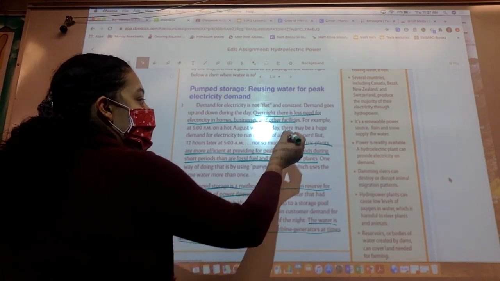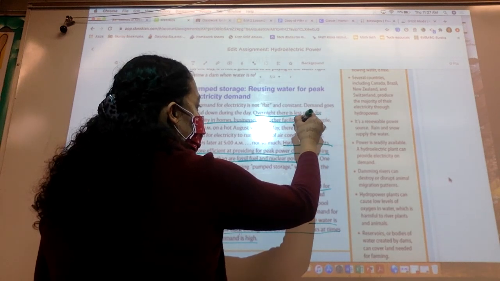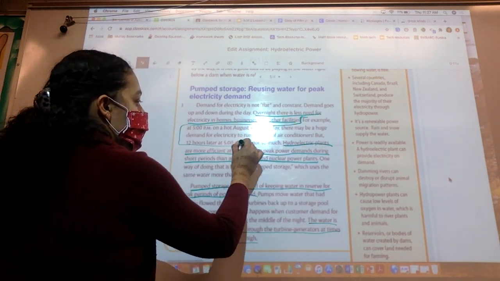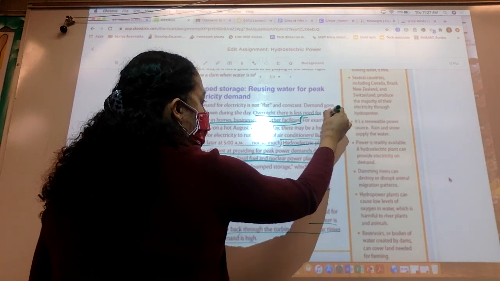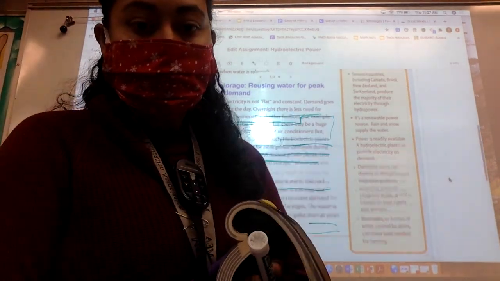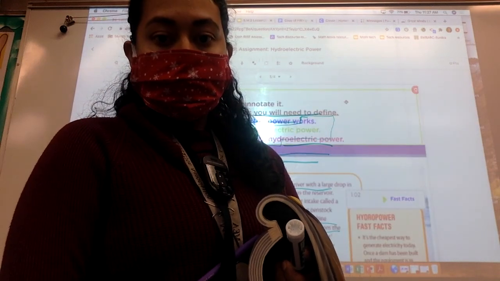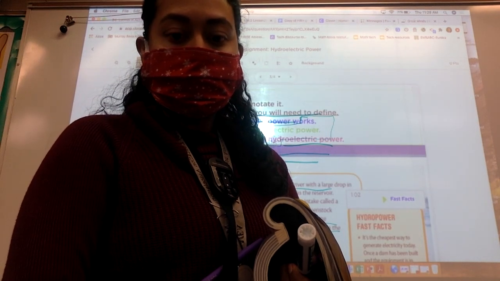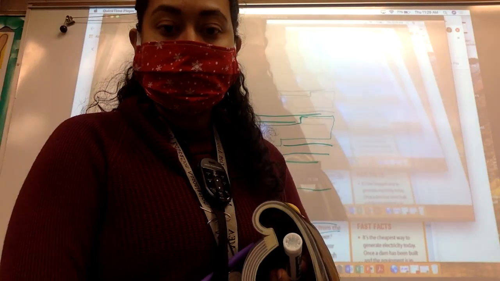Good. I like that as an example. So that's like a whole quote that you could use in your article. Good. Okay, we're going to stop right there. All right, go ahead and put your reading book away.